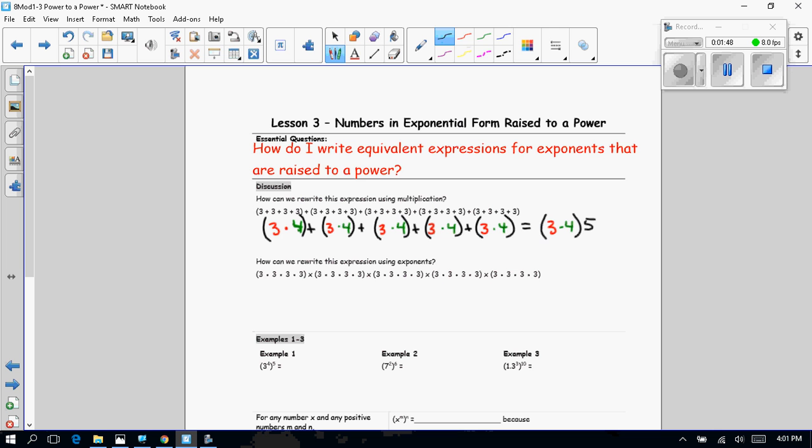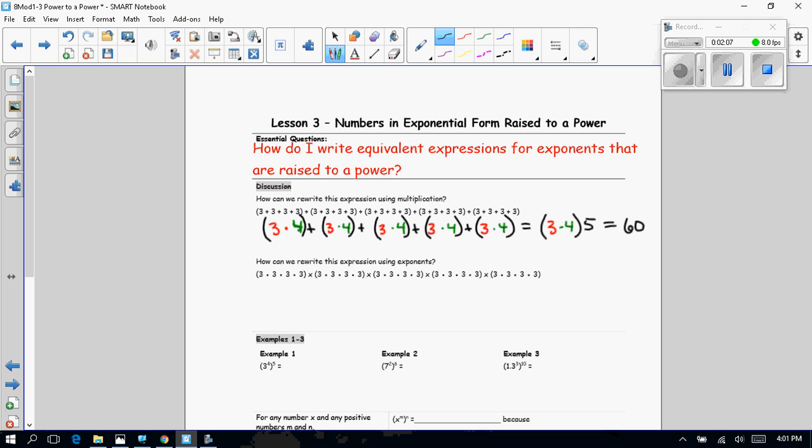Then 3 times 4 is 12, 12 times 5 adds up to 60. Now, I'm not saying you have to write it all out, but you could. That's going to be a faster way of doing that math problem. Repeated addition just becomes a multiplication problem.